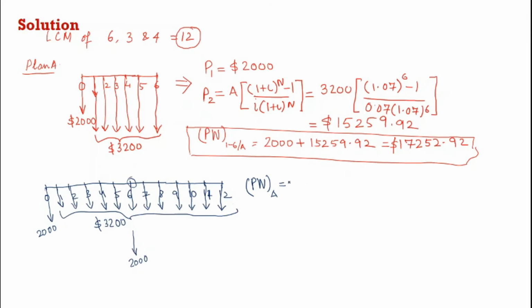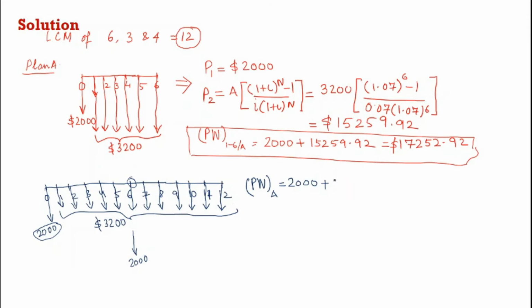So if I just write the expression for the present worth of plan A. So 2000, this is already at the present point of time, so directly 2000 plus we have annuities starting at the end of year 1 and continuing till the end of year 12.